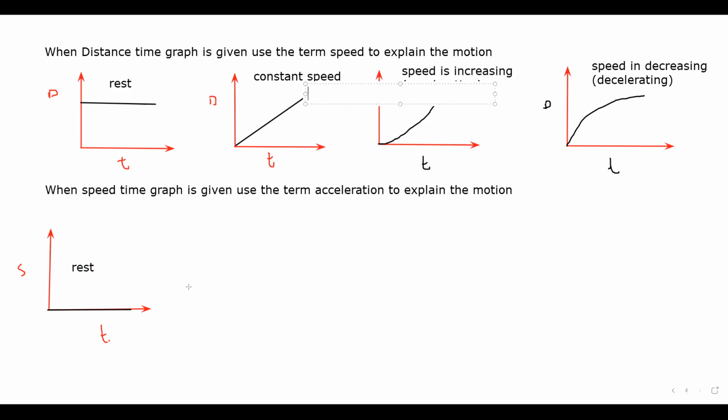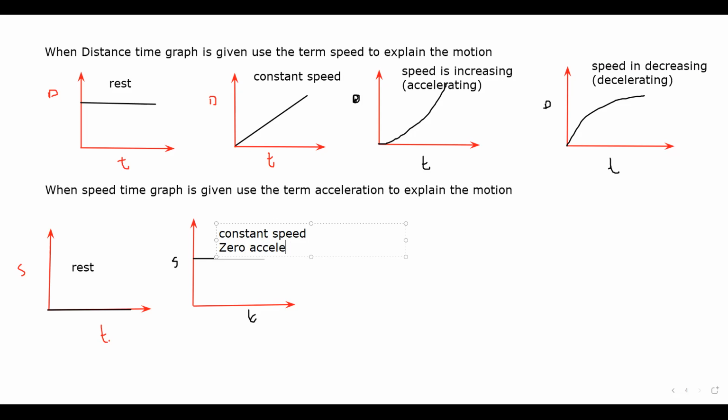If it is a horizontal line above the origin for a speed time graph, you can say it is a constant speed or no acceleration or zero acceleration. There is no change in speed, that's why we say zero acceleration.